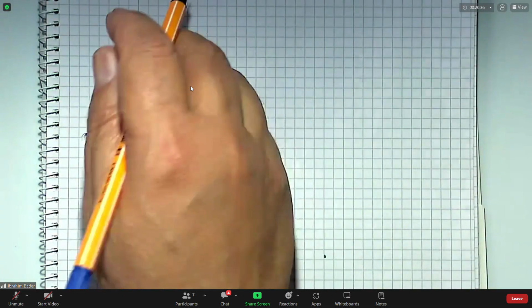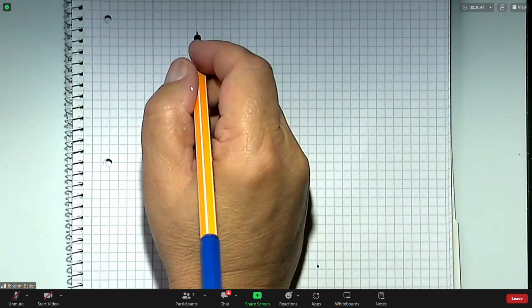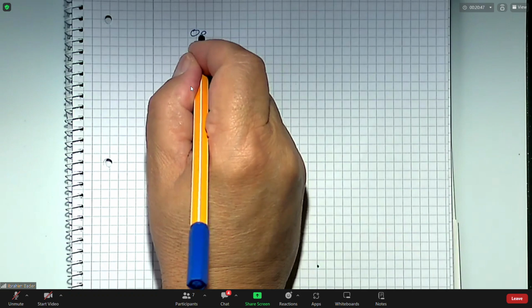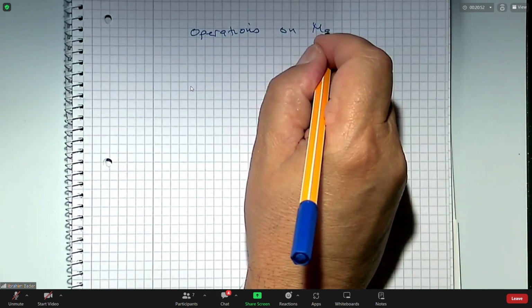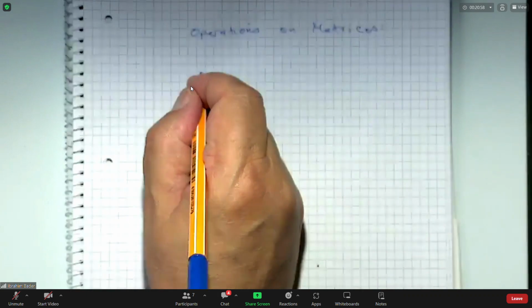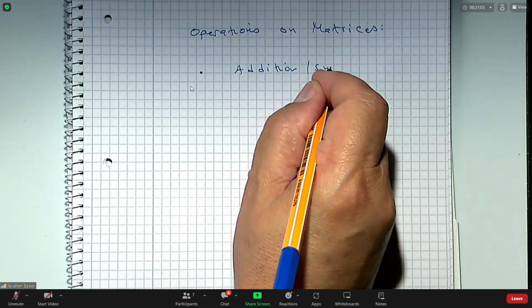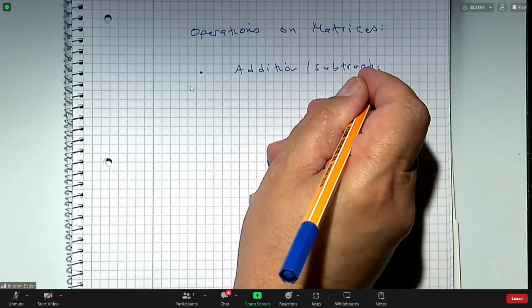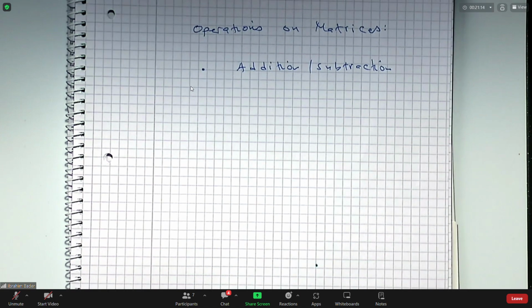So I assume that you all went to school, elementary school, and you learned the operations on real numbers, or numbers in general. So you learned addition, you remember, and subtraction.